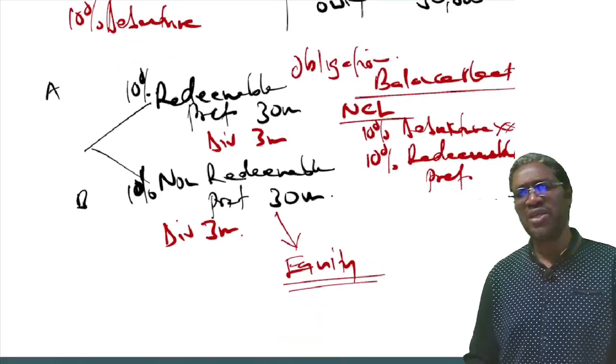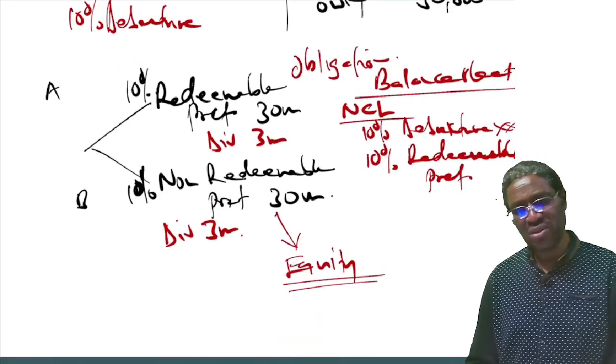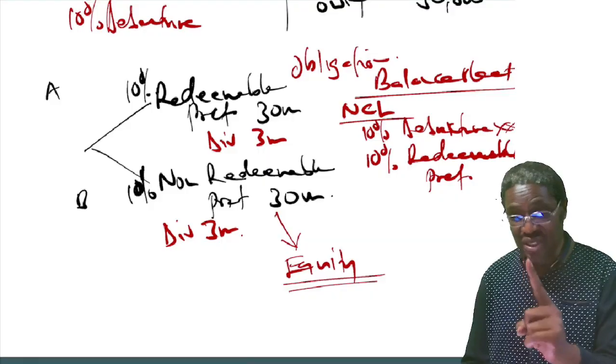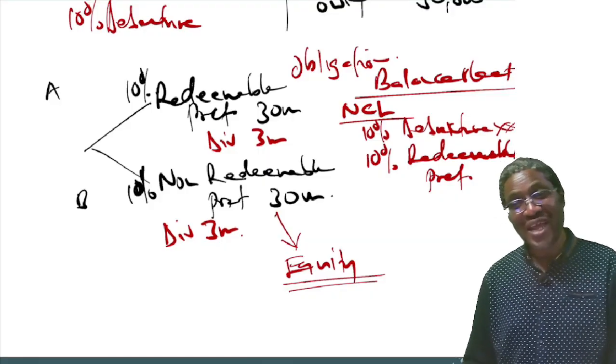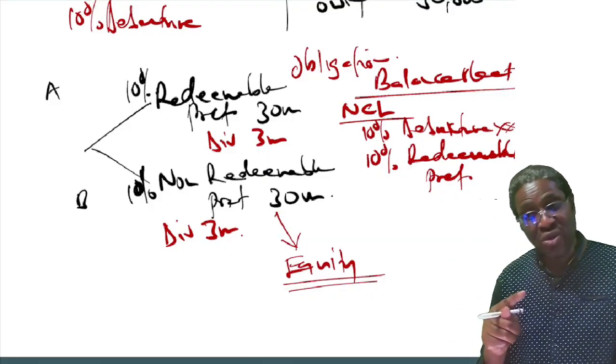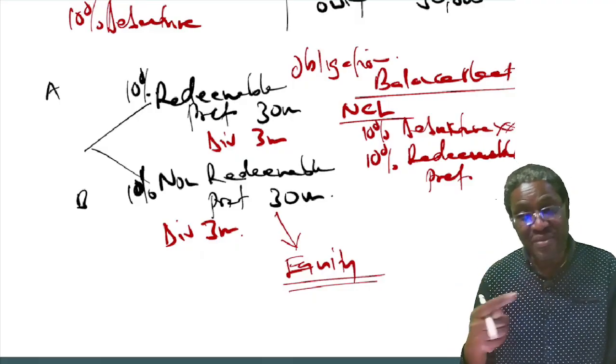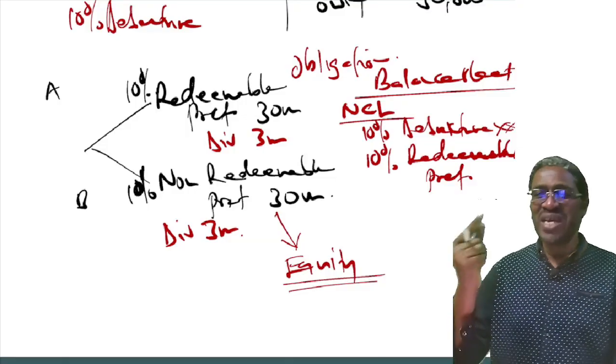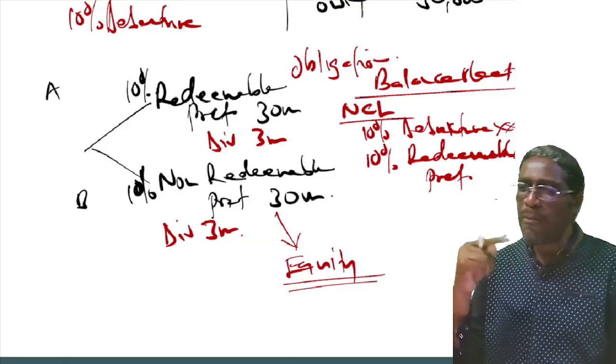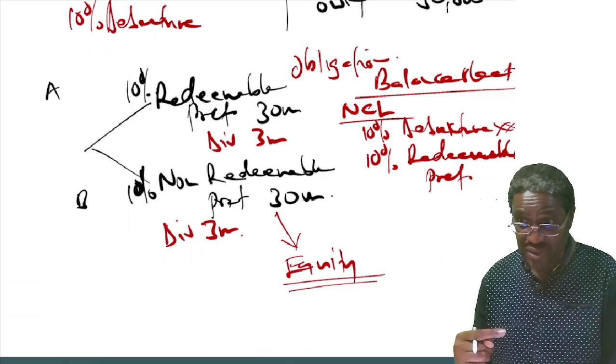They will still pay a dividend of 3 million. But for them, listen to this now, their dividend is not a finance cost. For them, dividend becomes an appropriation of profit.